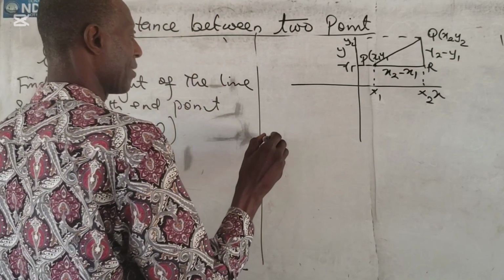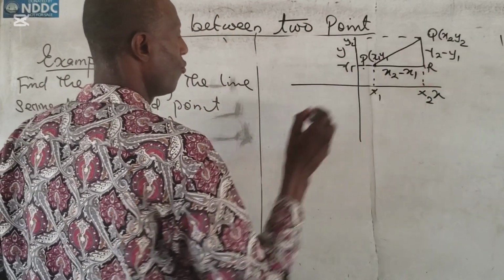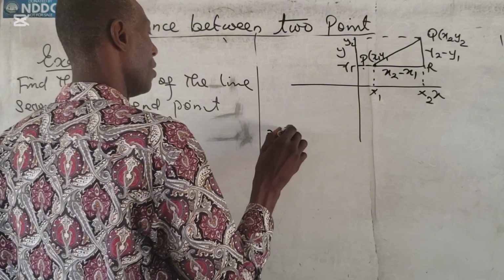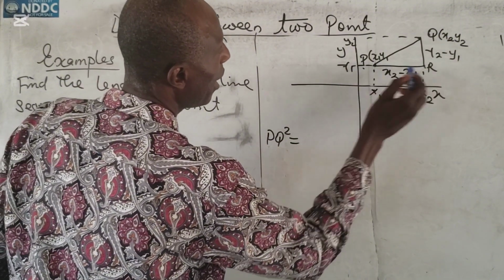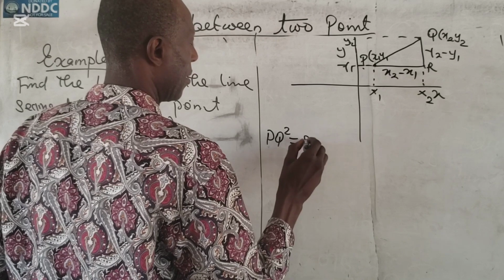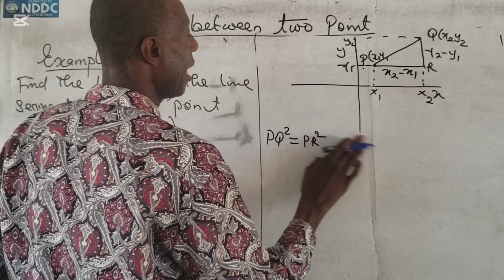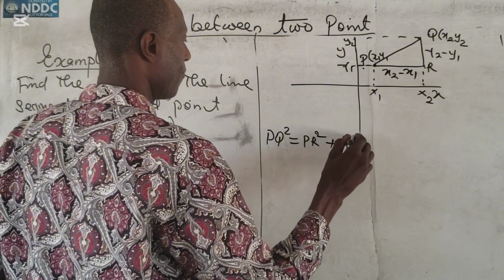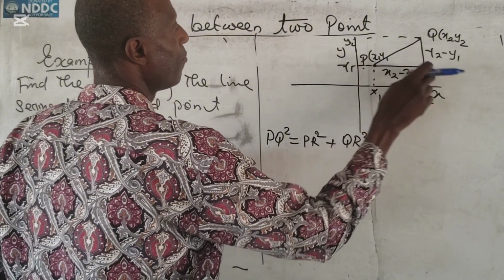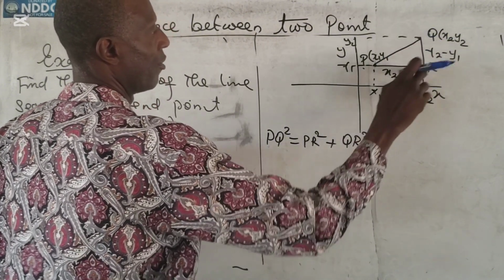So now, using Pythagoras theorem, PQ squared is equal to the PR square plus the QR square.